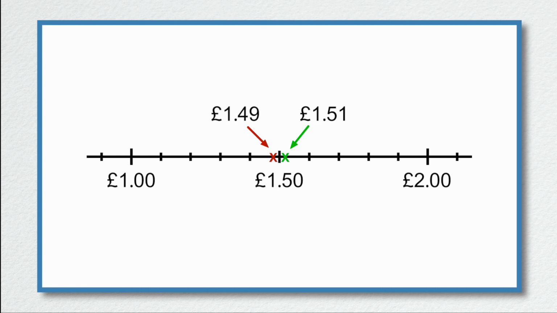This isn't to scale. We can see that £1.49 is closer to £1 than it is to £2. So we would round £1.49 down to £1. And £1.51 is closer to £2. So we would round £1.51 up to £2.